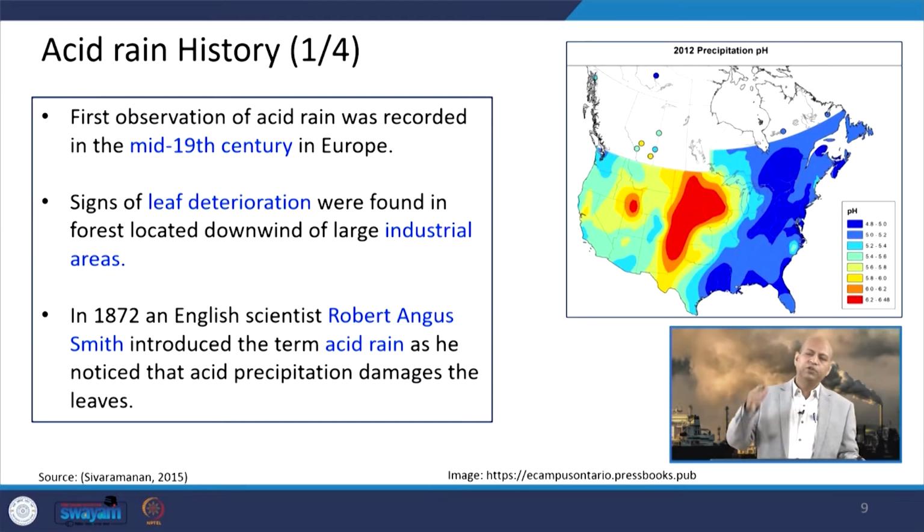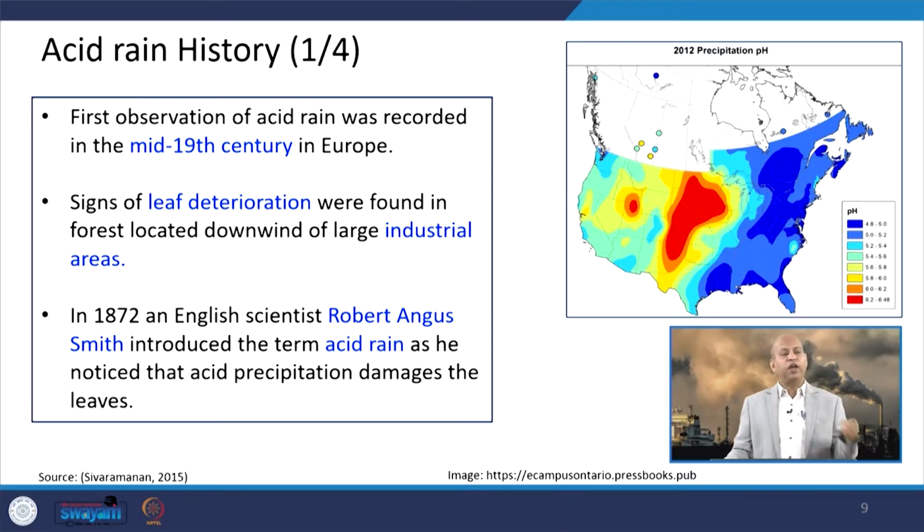Now, if we talk about the history of acid rain, the timeline of when it was noticed and how it increased: the first observation of acid rain was recorded in the mid 19th century in Europe, because a lot of coal burning took place there, and signs such as deterioration of the leaves were noticed.